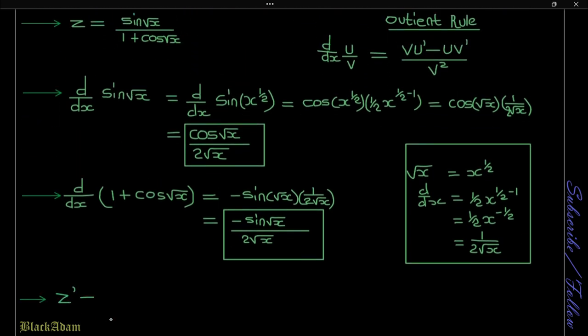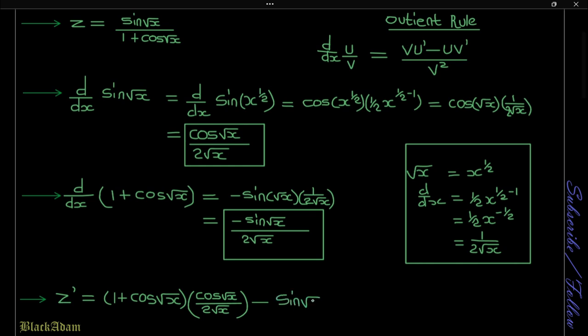And now z is going to be the denominator multiplied by u derived, so we use the numerator derived, that is cos root x over 2 root x, and then all of that minus u as it is.